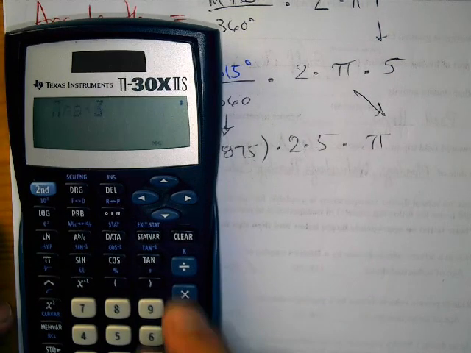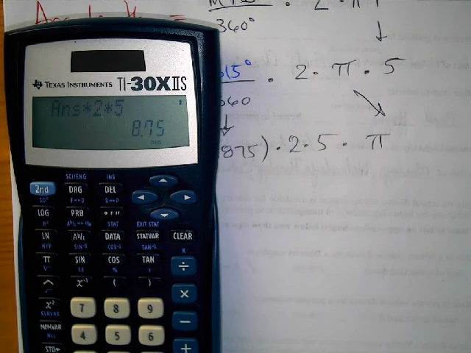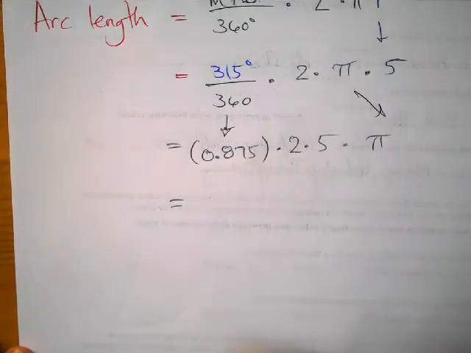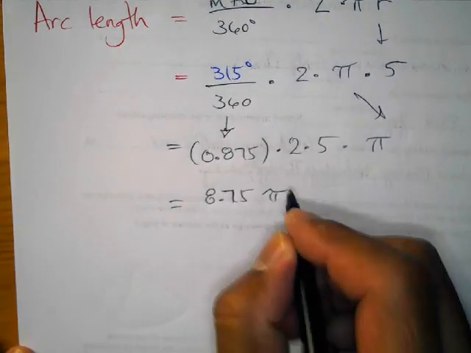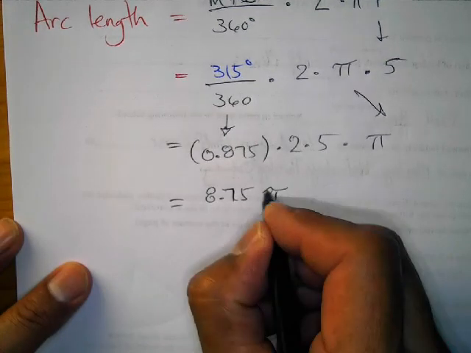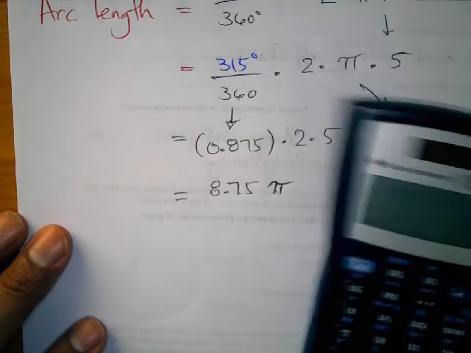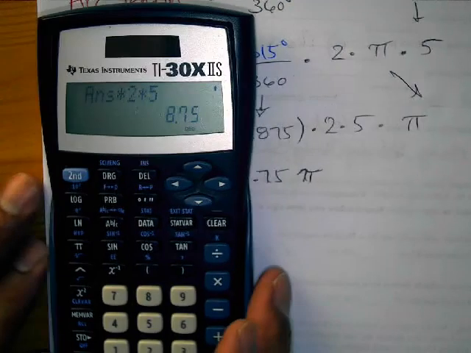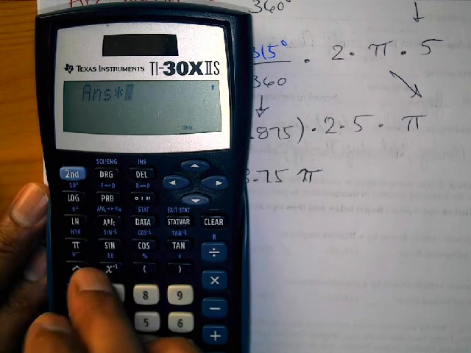We always throw the pi in the back. So that's going to be 0.875 times 2 times 5 equals 8.75 pi. I haven't multiplied the pi yet.